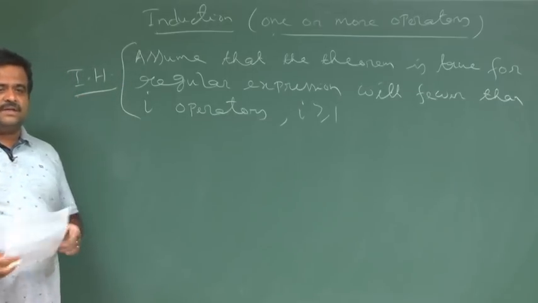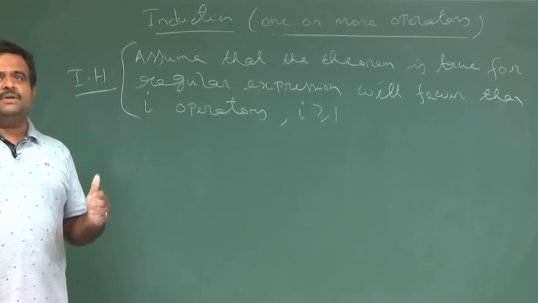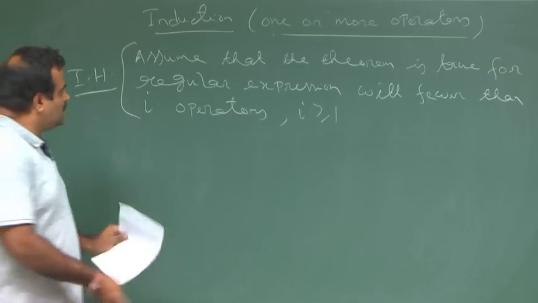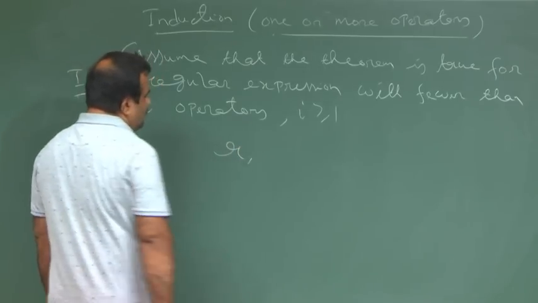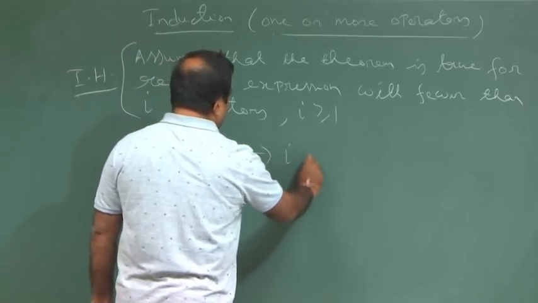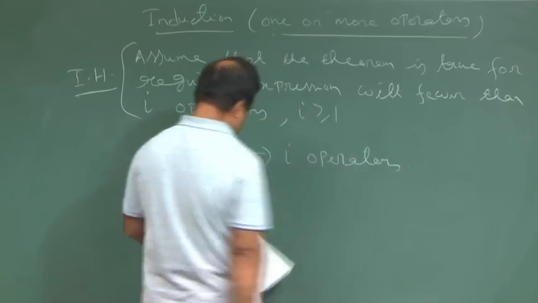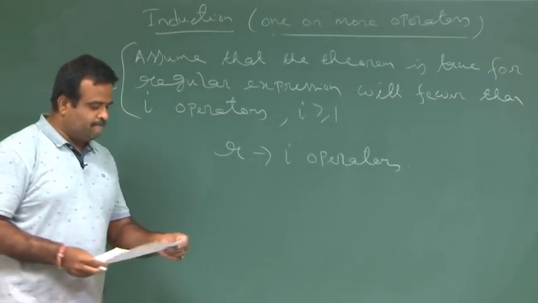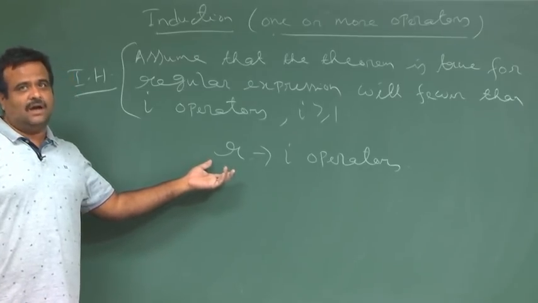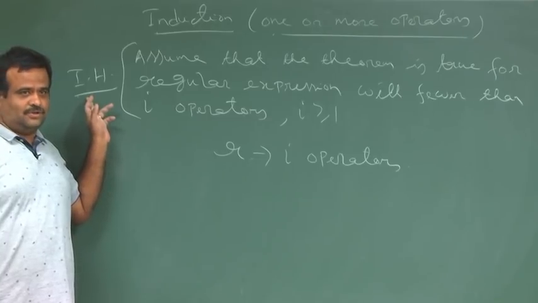We assume that our result is true up to I minus 1, then we will prove that our result is true for I. That means, we will prove that if we have a regular expression R with I operators, suppose R is a regular expression with I operators, then we will show that we have an epsilon NFA for this R with the help of this induction hypothesis.